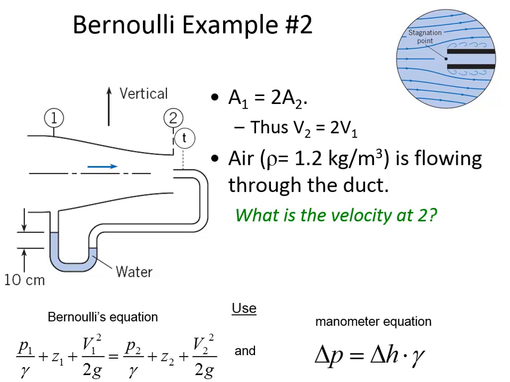So why do we have a high pressure inside of that tube? The reason is that the wind is going along and then it's just dead ending into that stagnation there.